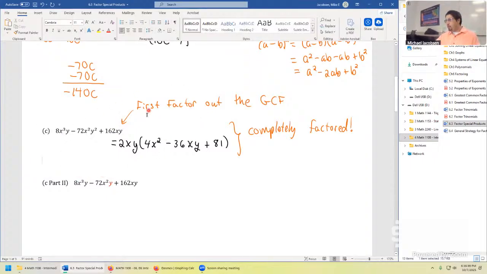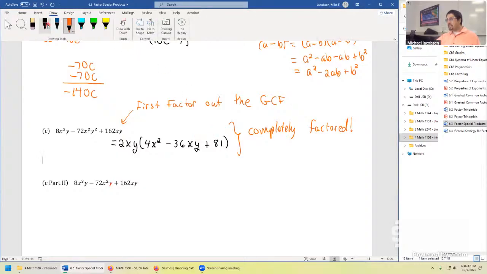This one was a little bit wonky because of the xy here. There's no way to factor it any further. So let's try this out again in this format. We'd first still factor out the greatest common factor, 2xy, which means we're dividing 2xy out of each of these three terms.